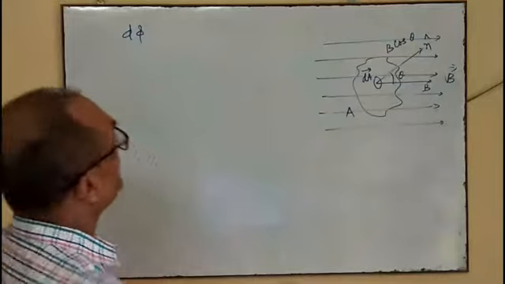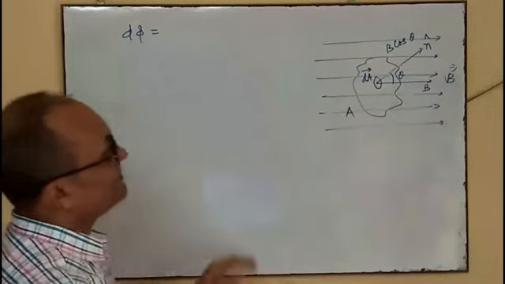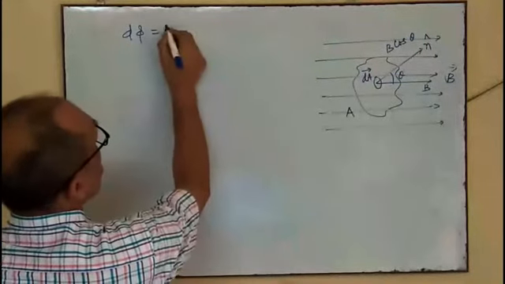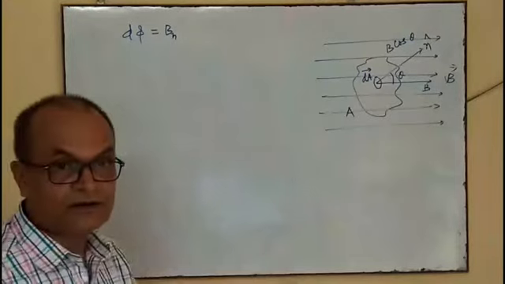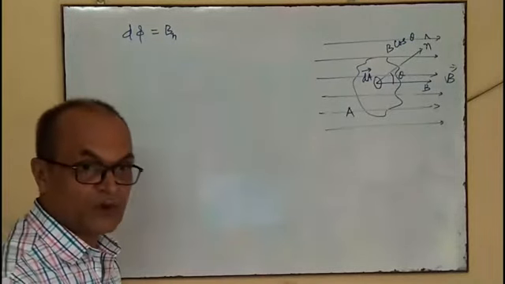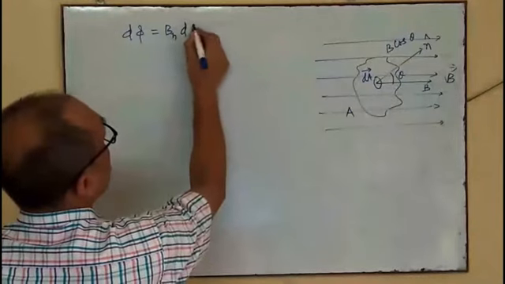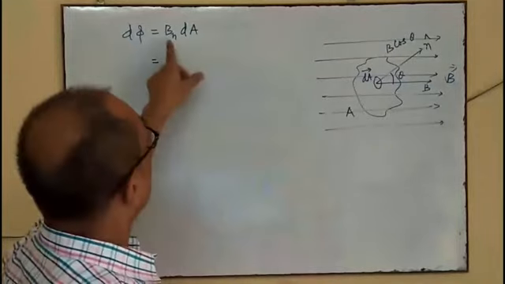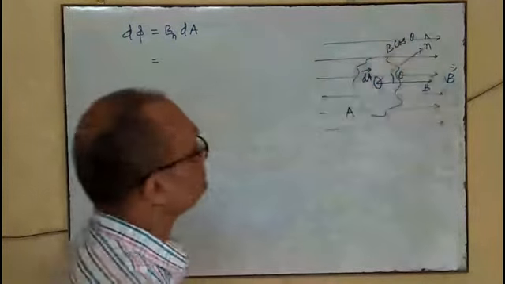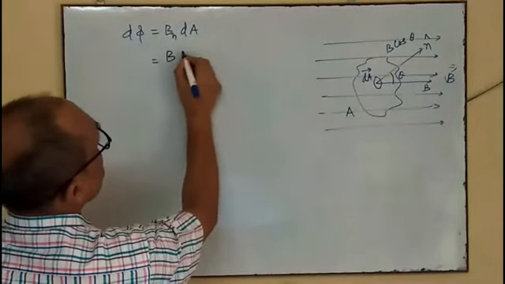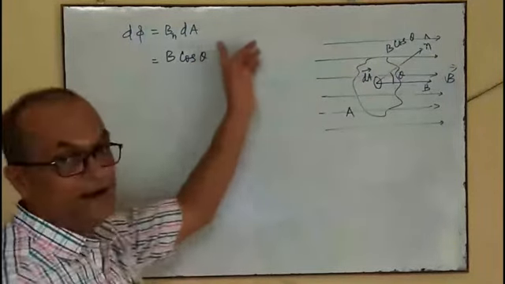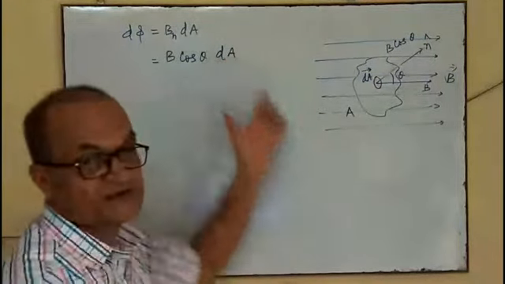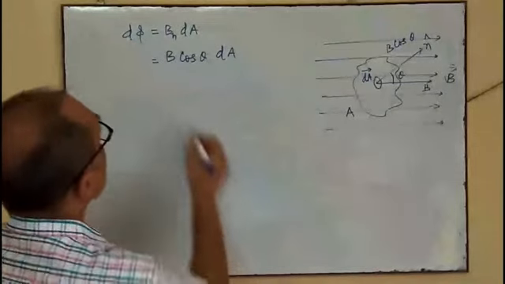So d phi equals the magnetic field in the direction of the normal, Bn, times its area dA. We know very well Bn equals B cos theta, into dA.